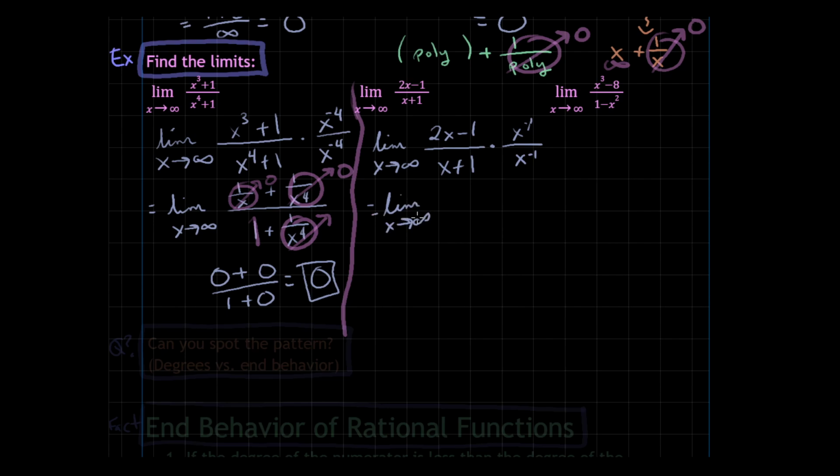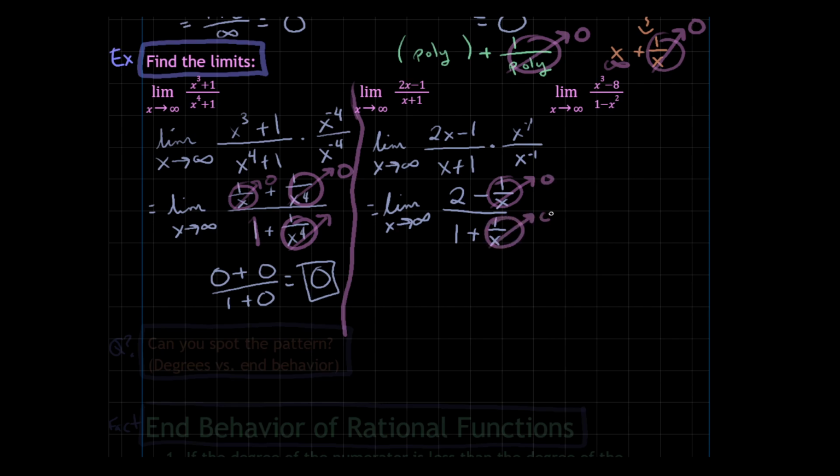Limit as x goes to infinity. This is going to be a plain 2 minus 1 over x. Distributing on the bottom, I'll have a 1 plus 1 over x. So what happens next? As x goes to infinity, this part will go to 0.